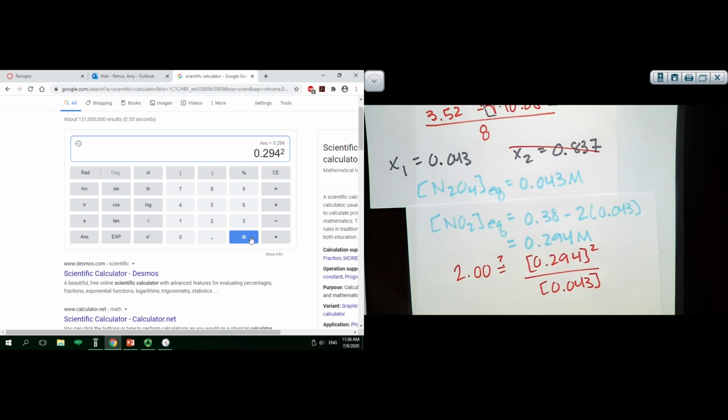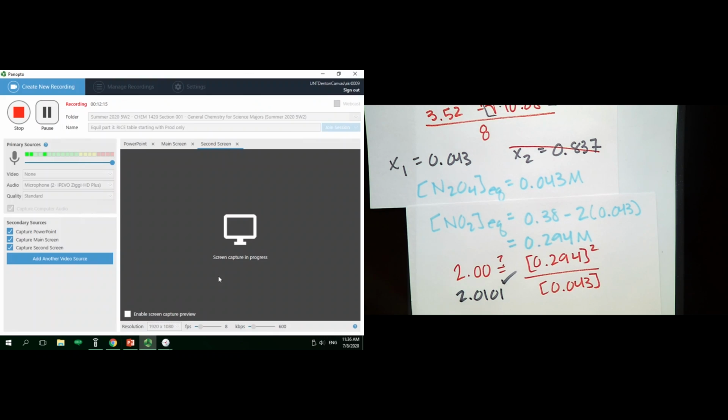All right, so I'm going to square 0.294, and then I'm going to divide by 0.043, and I get 2.0101 and some more digits. It's not exact, but I did have to round, so I'm really comfortable with that. So this tells me that I did the math correctly. So I would recommend checking your answers every time. Why not?